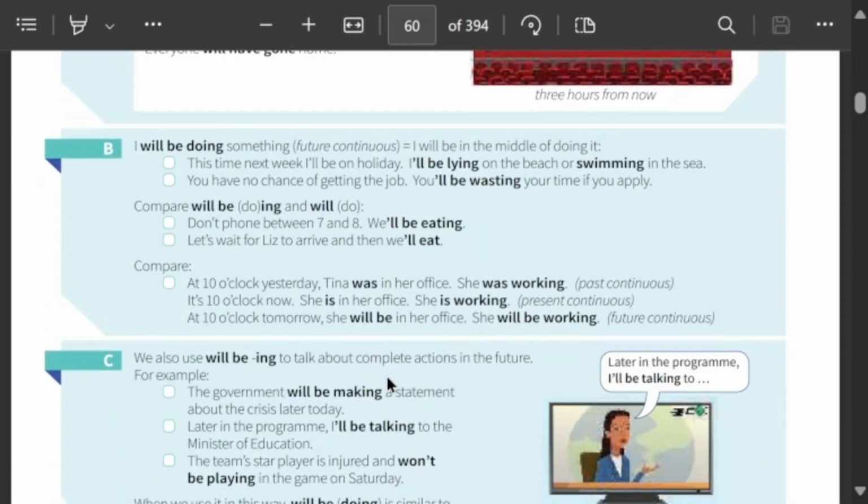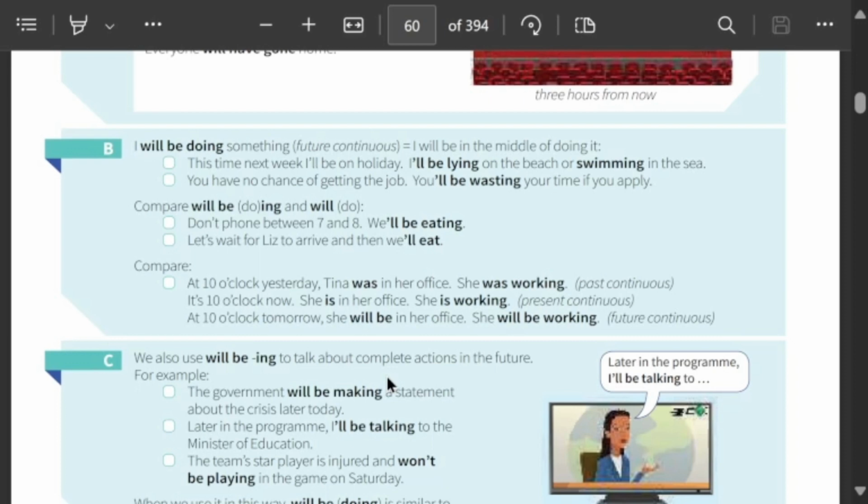Okay, B. I will be doing something. This is future continuous. I will be in the middle of doing it. In the middle means I'm doing that action. I will have started the action, and I will be doing that action, and the action is not finished yet.